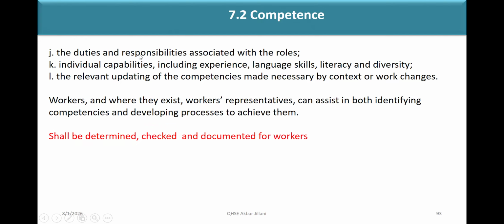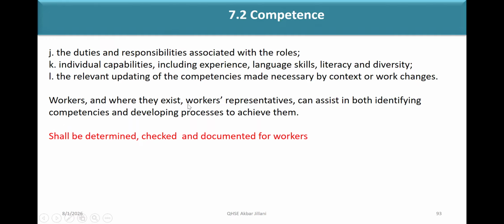The duties and responsibilities associated with the roles. Identify individual capabilities, including experience, language skills, literacy, and diversity. The relevant updating of the competencies made necessary by context or work changes.